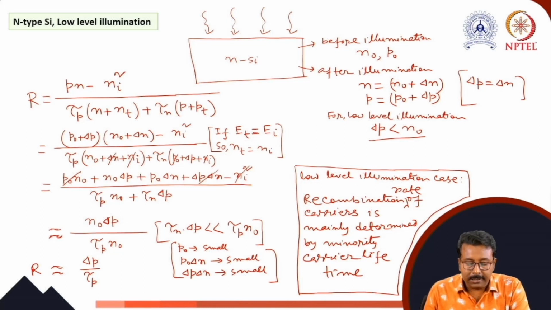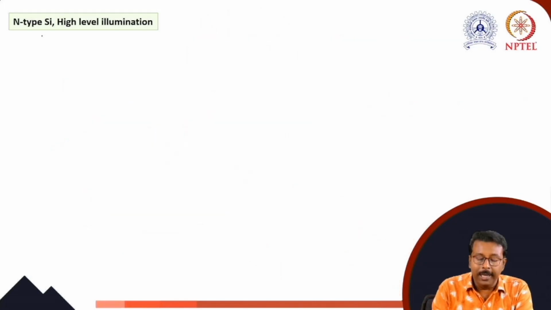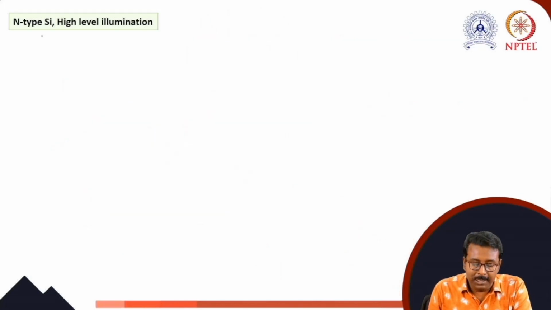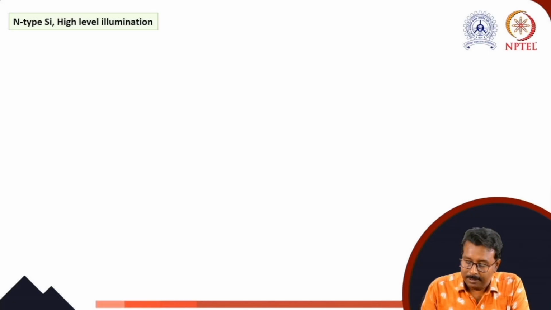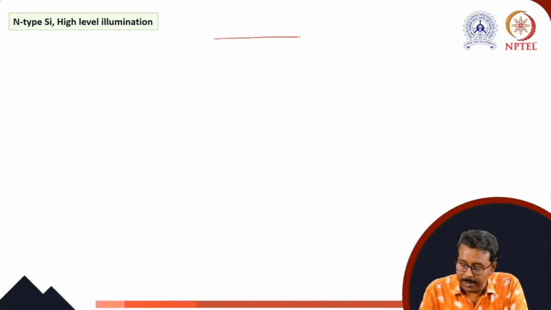So next, let us consider a high level illumination. What will happen? Say again we consider an N-type silicon semiconductor, but it is illuminated at a high level of light intensity. Again uniform illumination, that is, position dependent variation we are not considering.